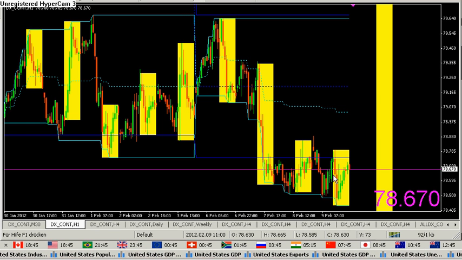And we see here today Thursday, yesterday Wednesday, Tuesday and Monday. We see this Monday, Tuesday sell-off in the dollar. That's the reason why I'm choosing this chart.